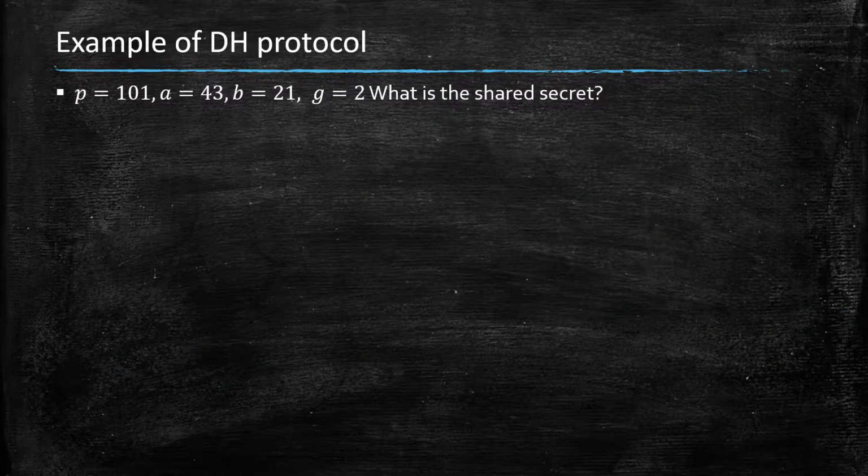So as an example, let's see what happens when you have G equals 2, a equals 43, and b equals 21.